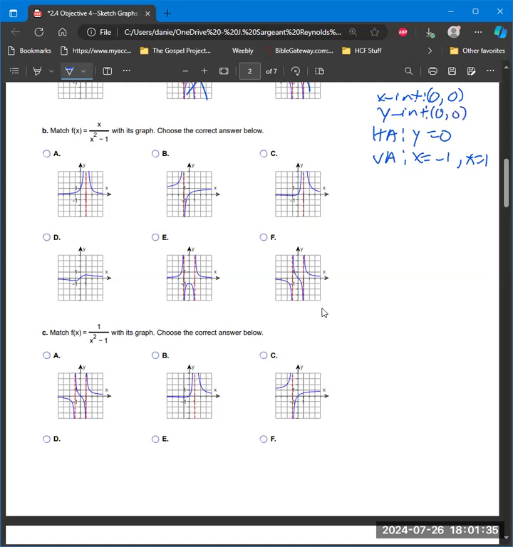See, now I have two vertical asymptotes, -1 and +1. So that's going to be one of these graphs here. And I need to have an x-intercept at (0, 0). So that's not that one. It's got to be this one.